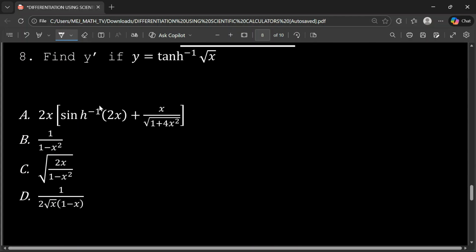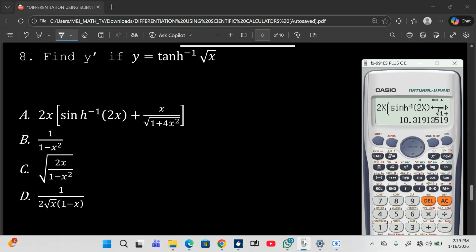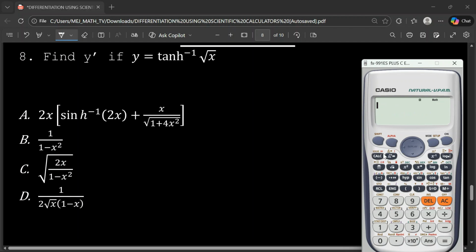Question 8. We are to find the differential of this function. So we are going to have dy dx of the function, which is a hyperfunction. So we are going to choose option 6. Root of alpha x.